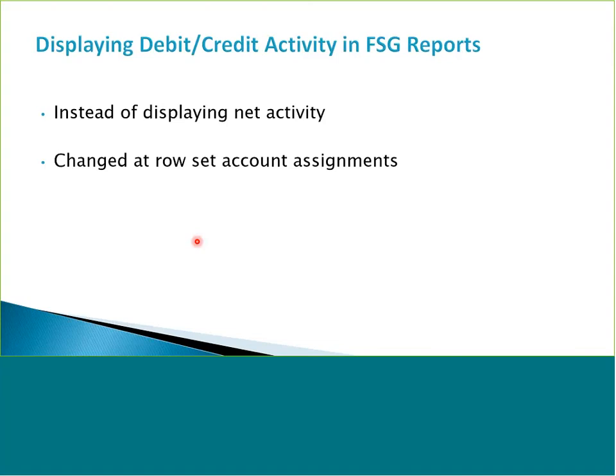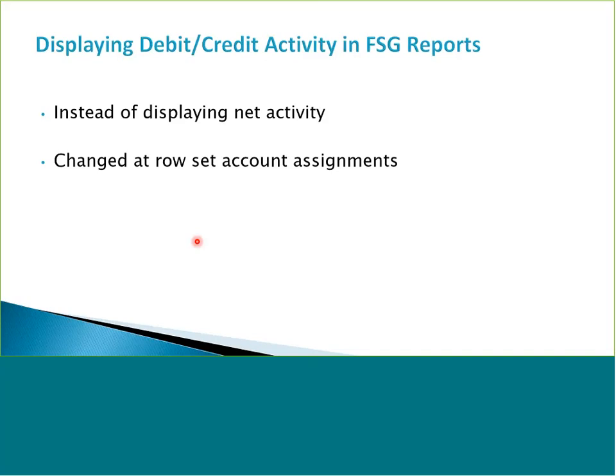It is the sum of debits and credits that hit that account, okay? So some statements that a company might want to produce will need to show just maybe one side, debit activity or credit activity, okay?